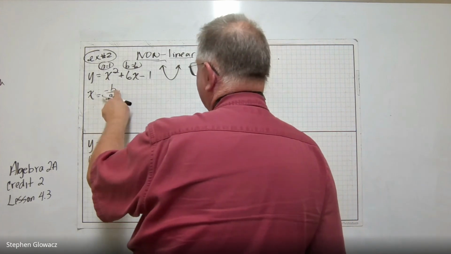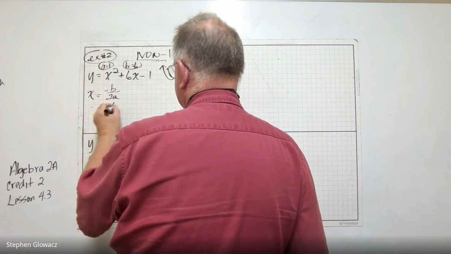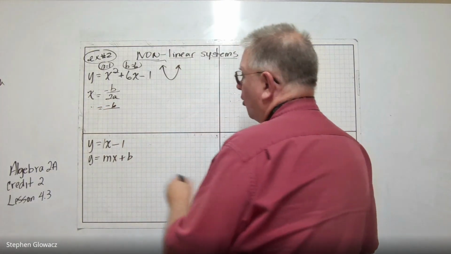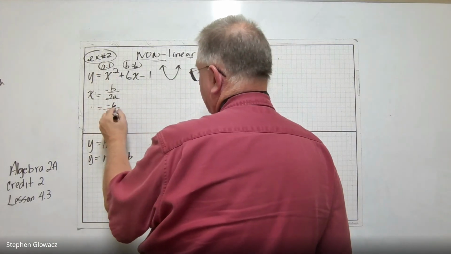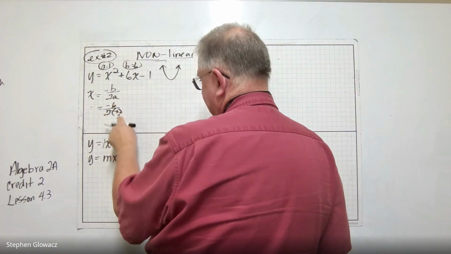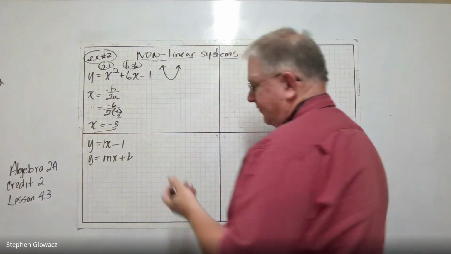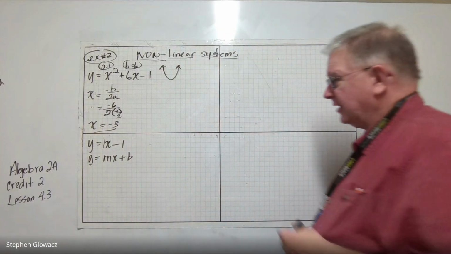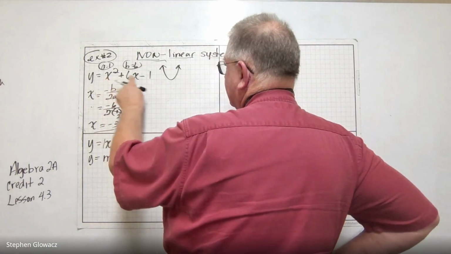So we have negative b, so a negative positive 6, which ends up just being negative 6, and over 2 times a, remember a is 1, 2 times 1 is 2, negative 6 divided by 2 is negative 3. So the x coordinate of the vertex is negative 3. To find the y coordinate, we're going to take that -3 and substitute it in for x.